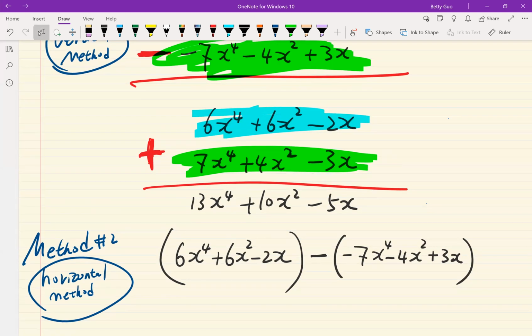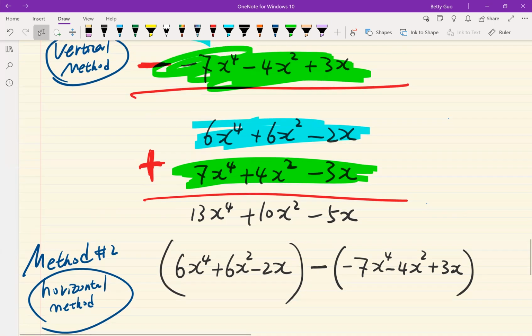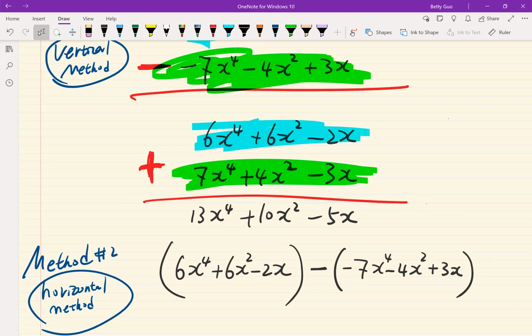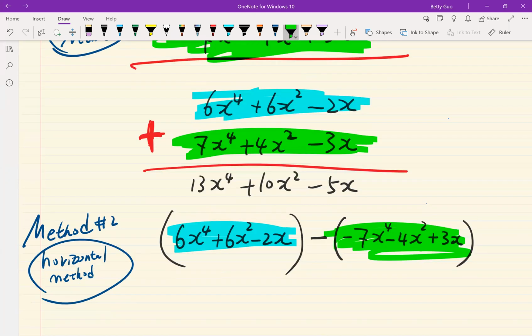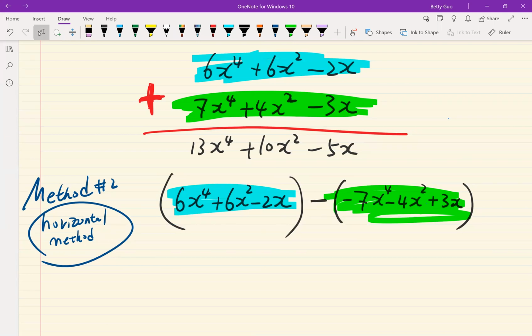Is this too easy for you? I can make it difficult if you think it's too easy. We have a blue polynomial minus a green polynomial. So horizontally, you just copy them down. Blue in a parenthesis, minus, very careful, green in a parenthesis.